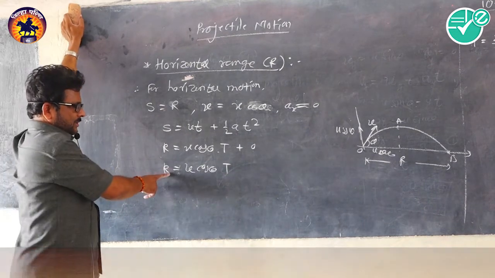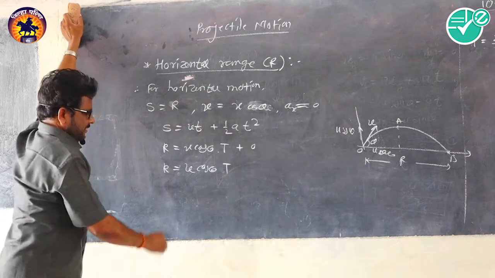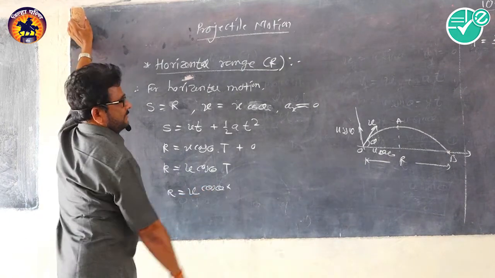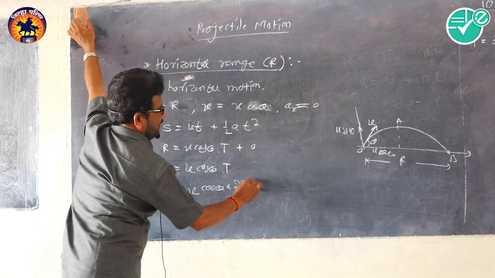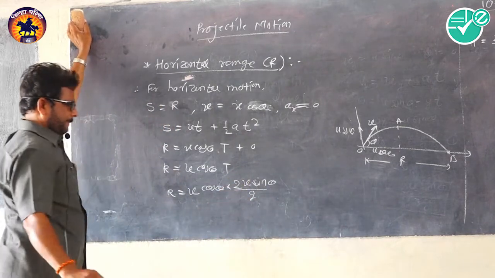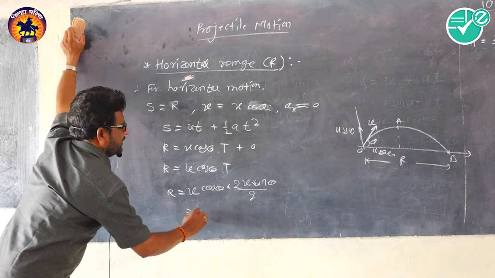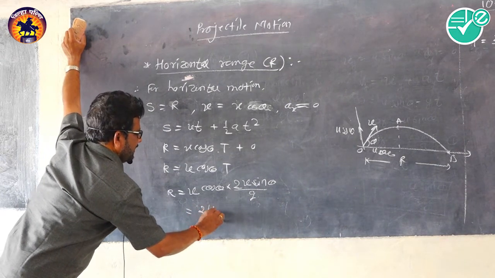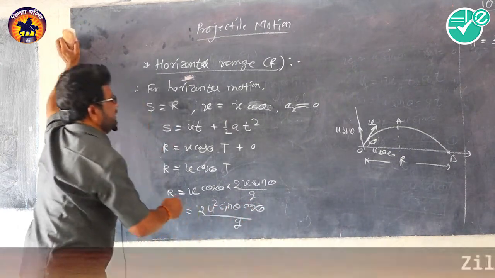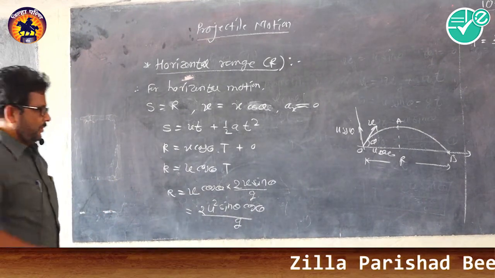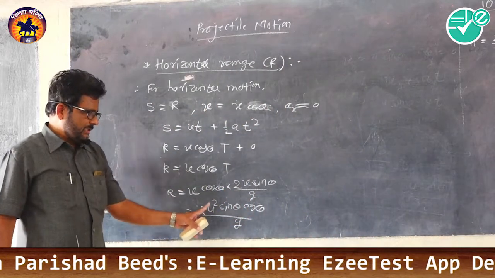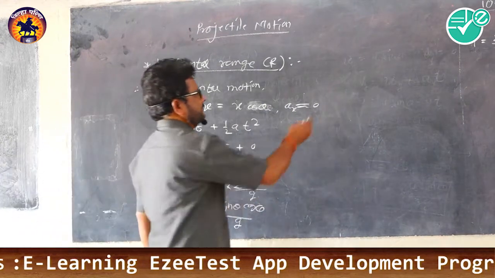If we put the value of t from this equation, we get R is equal to u cos theta into 2u sin theta upon g, or we can write 2u square sin theta cos theta upon g.